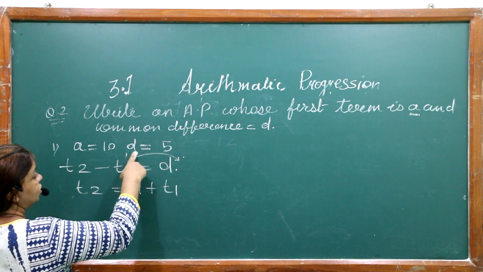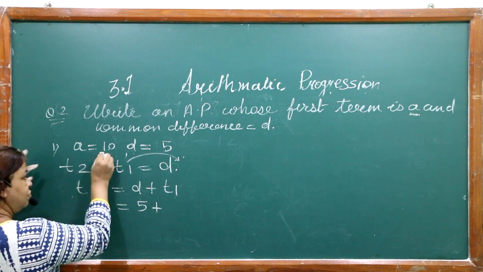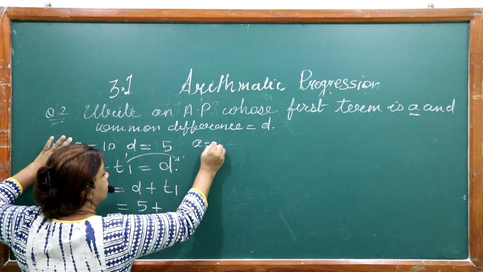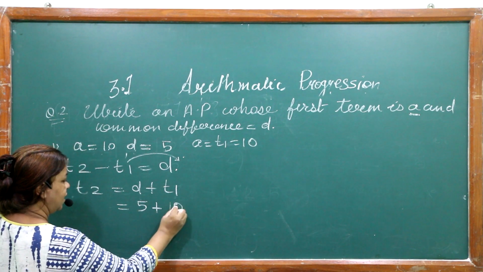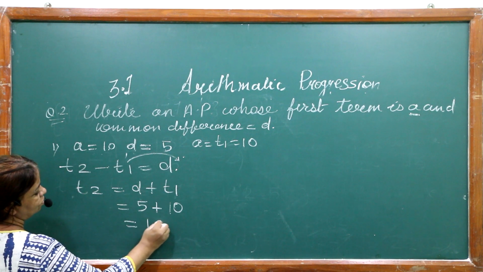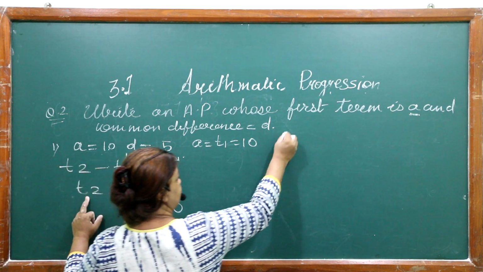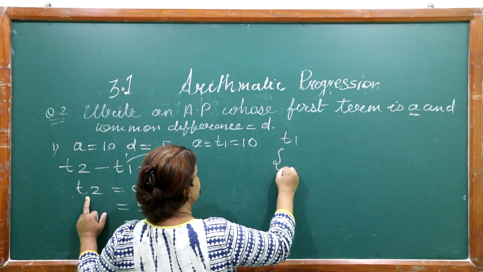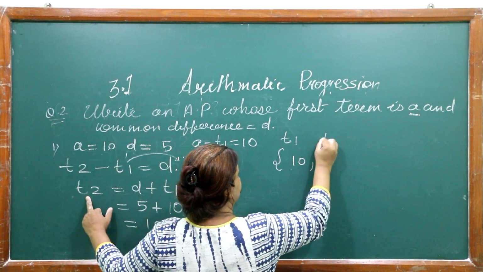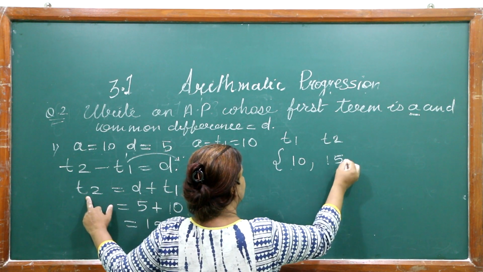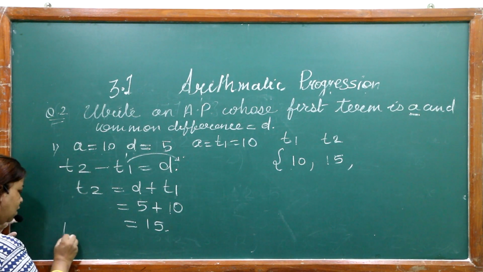D is how much? 5. T1 is the first term. A is nothing but T1, which is 10. So I'll write 10. I'll get 15. So my first term T1 is 10, T2 is 15. Now I want to get term number 3.